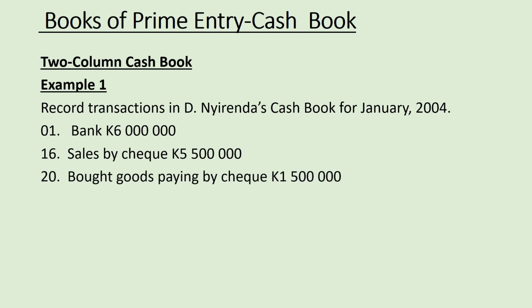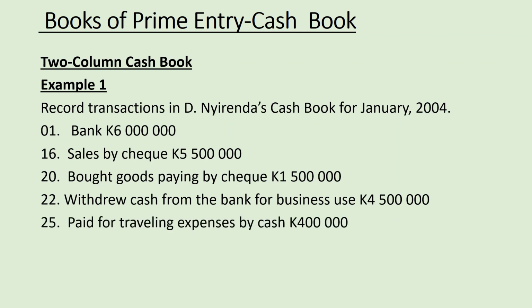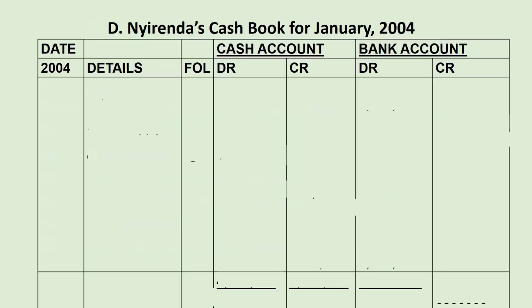Then he bought goods paid by check worth 1,500,000. Then on the 22nd, he withdrew cash from the bank for business use for 4,500,000. Then he paid for traveling expenses by cash, an amount of 400,000. Then he paid salaries by check worth 2 million.